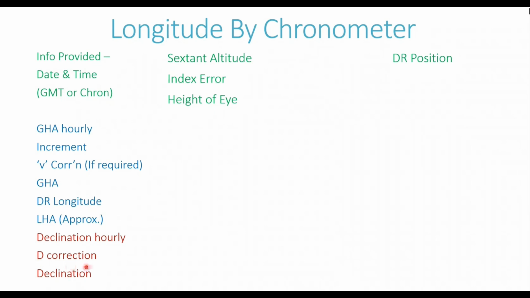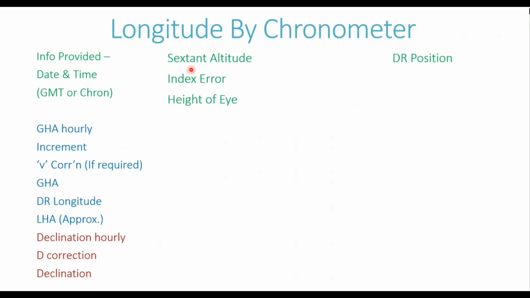And when we go into the increment table, we can find out the increment for the D correction for that particular minute, which is given in the GMT. Once applied, it gives you the accurate declination of the body. So we have obtained the GHA, approximate LHA, and the declination of the body. That is step 1. Now moving on to the next step.